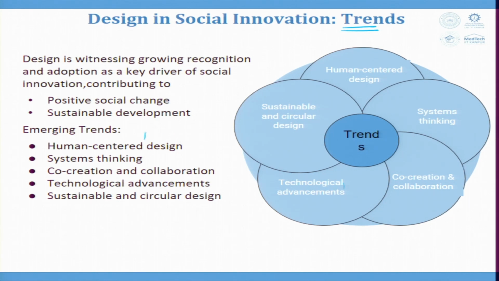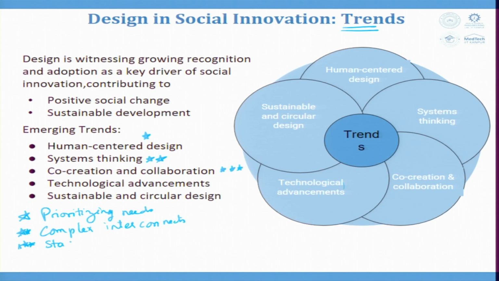So, human centric will be more about prioritizing needs. Okay. System thinking will be about complex interconnections. The third one is engaging stakeholders, stakeholder engagement.